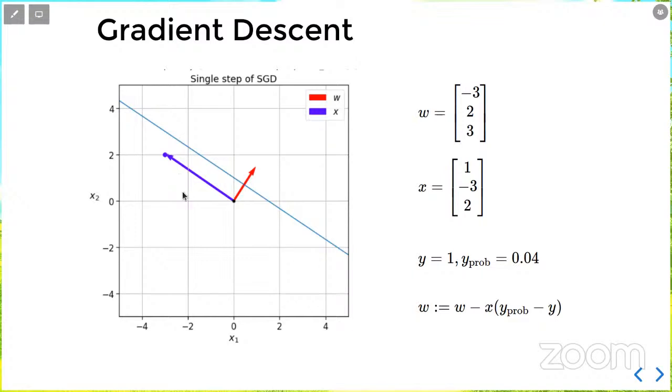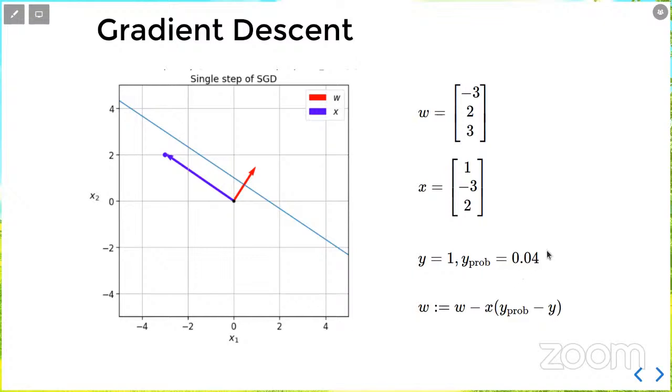So y equal to 1 is your actual label. Currently everything to the left bottom of this line is predicted as class 0. So this blue point is actually misclassified now. Its true label is 1, but my prediction is class 0 because it's 0.04.